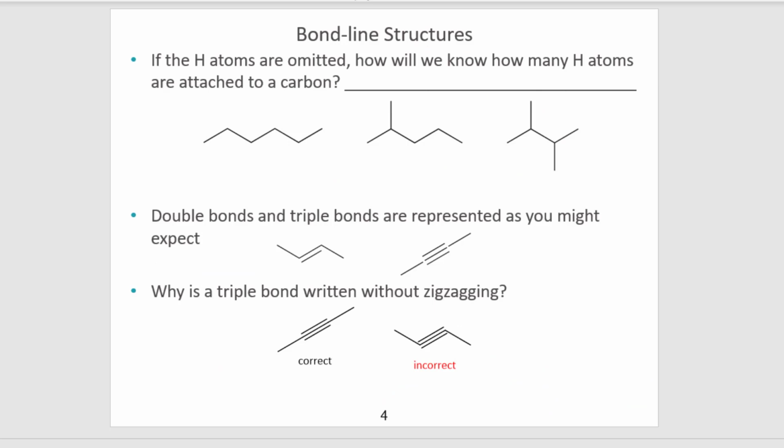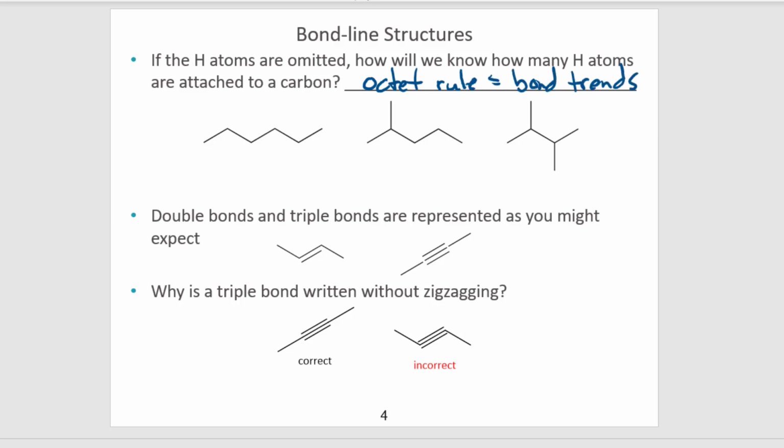So a good thing to do is often to just number the carbons, kind of like an accountant keeping track of everything. If the atoms are omitted, how will we know how many atoms are attached to each carbon? Quite simply, what we talked about last chapter: the octet rule. You've got to know your bond trends.